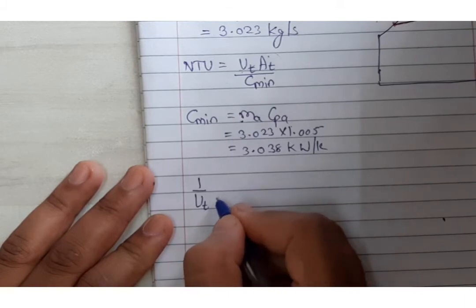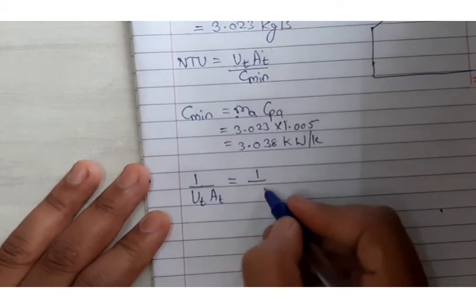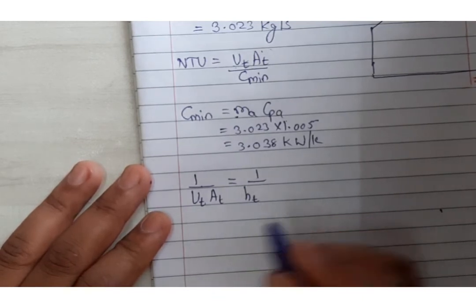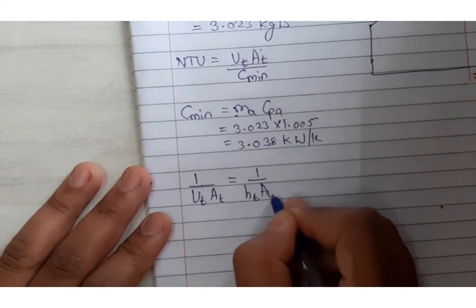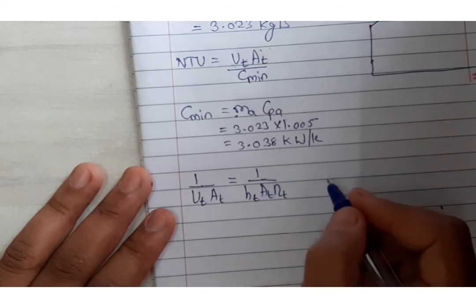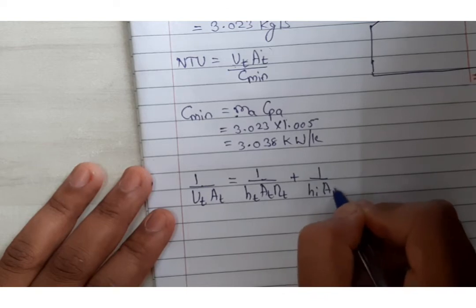total heat transfer coefficient into total area is equal to 1 upon HT, that means our total outer heat transfer coefficient into outer area, into the effectiveness of the fins, plus 1 divided by HI into AI.